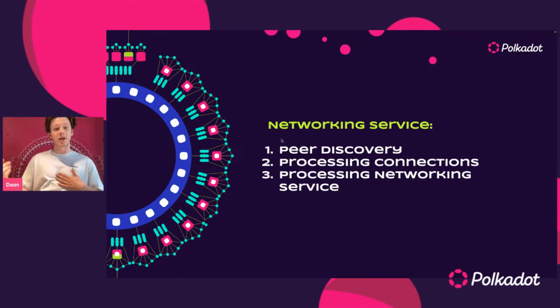We send a Kademlia request, and this peer will then send us addresses of peers that are closest to a certain parameter. We then obtain those addresses, and we start connecting with these peers if we need more connections.